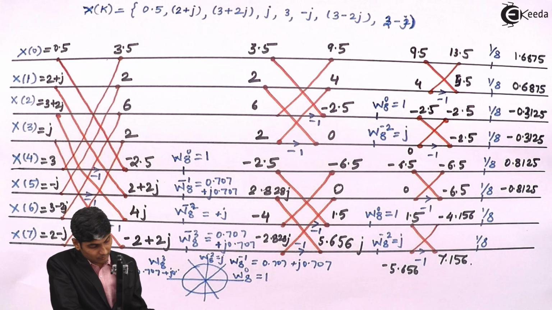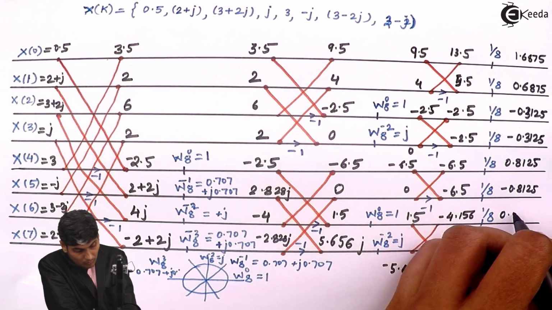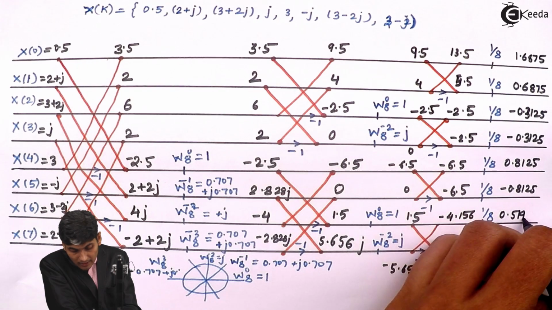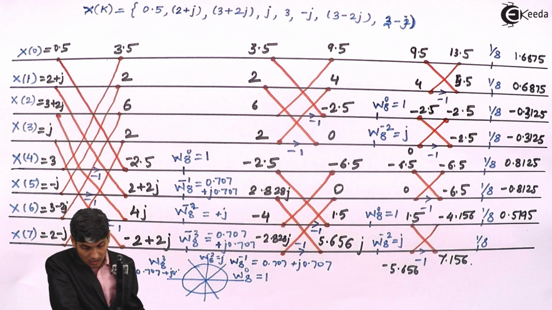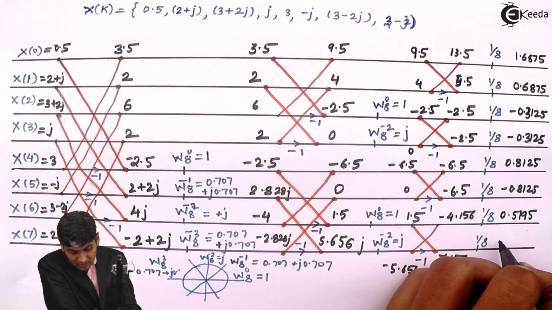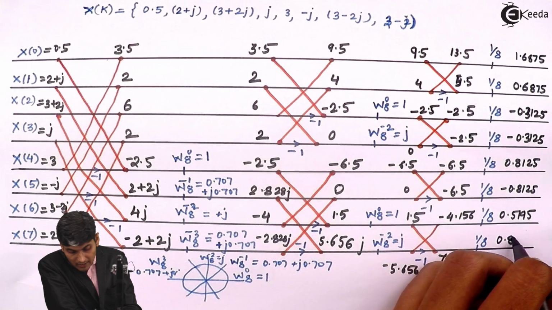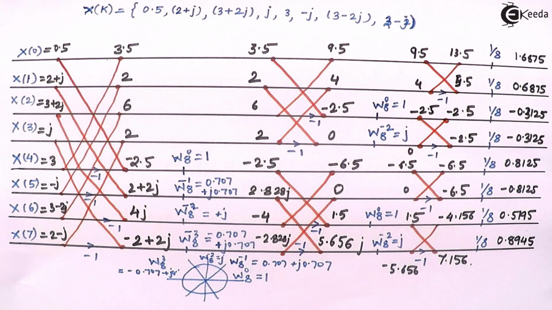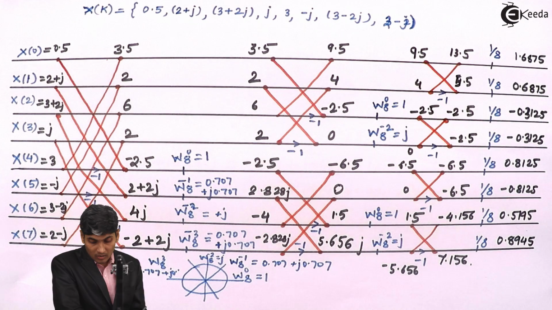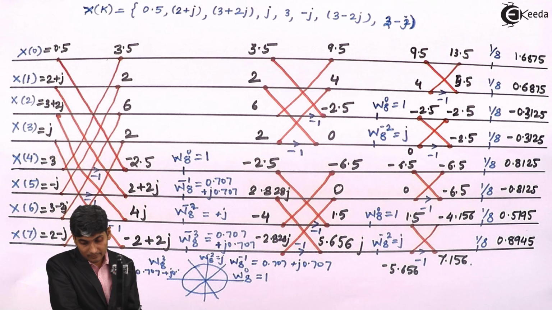Then 4.156 divided by 8 will give me 0.5195, and lastly 7.156 divided by 8 will give me 0.8945. So these are the output samples of the given sequence.